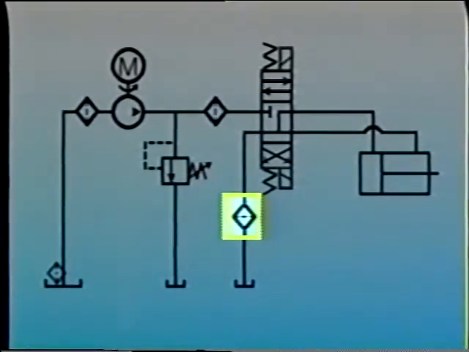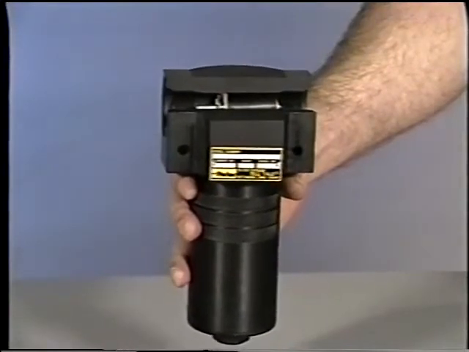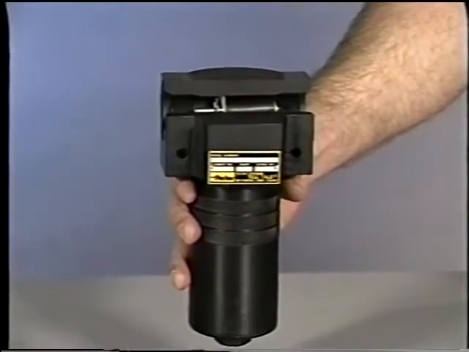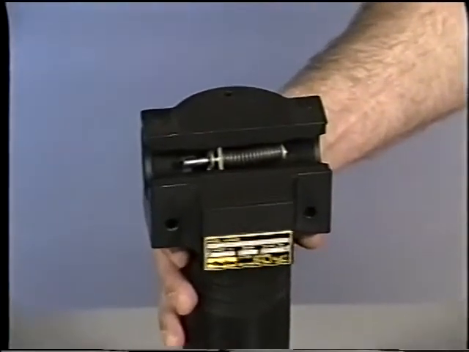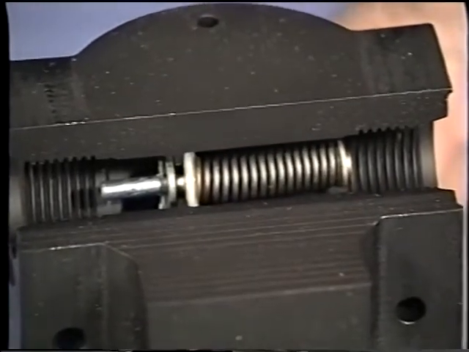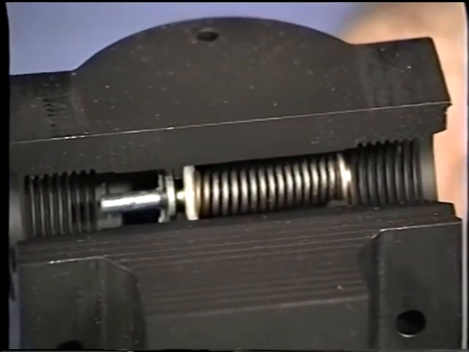A return line filter could create back pressure, which would interfere with the normal operation of other components in the system. To prevent this from happening, suction, pressure, and return line filters may include a bypass valve, usually a spring-loaded piston. The spring may be changed depending on what bypass pressure is desired.